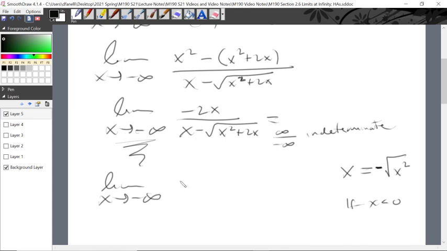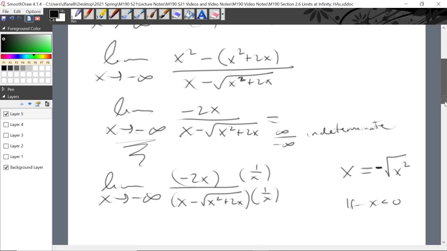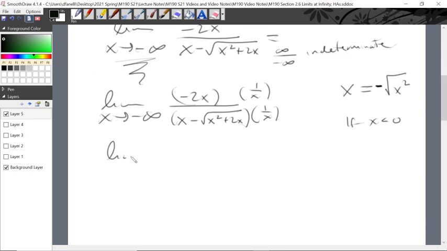So we have the limit as x goes to negative infinity of negative 2x over x minus the square root of x squared plus 2x. We would multiply the top and the bottom by 1 over x, and we can apply that x to each term. On top, we have negative 2.